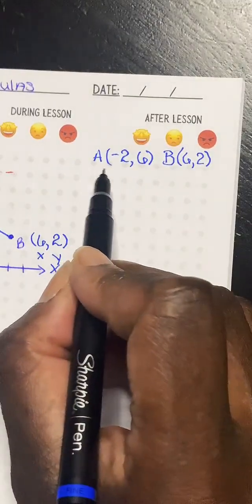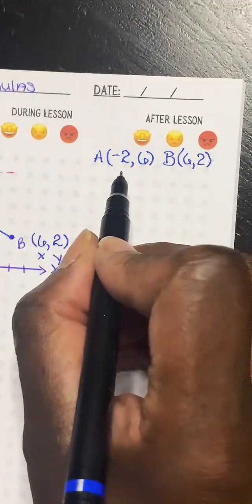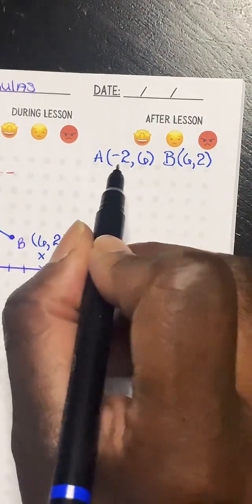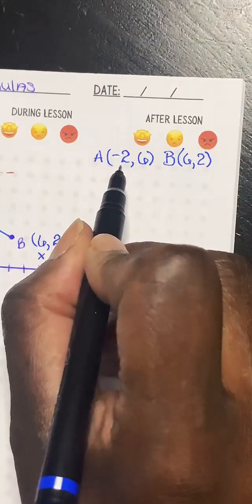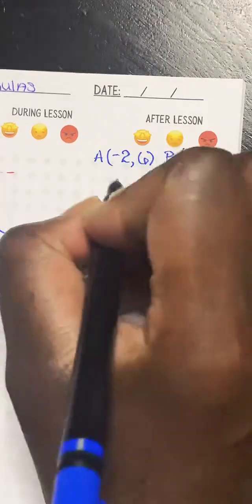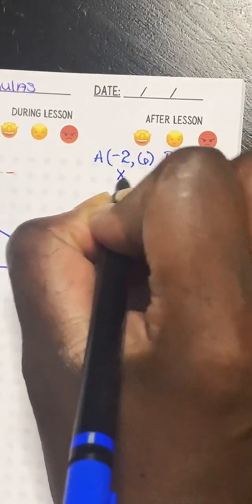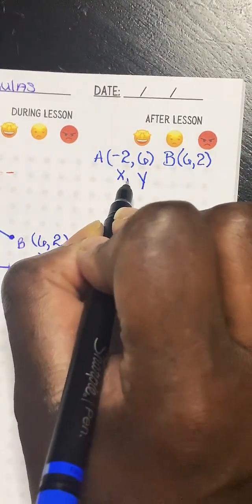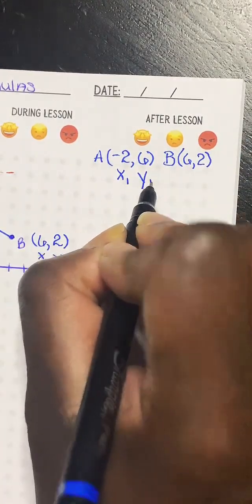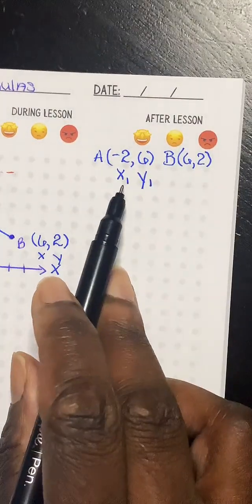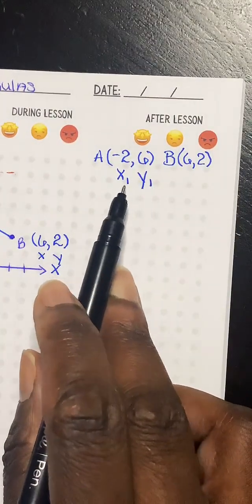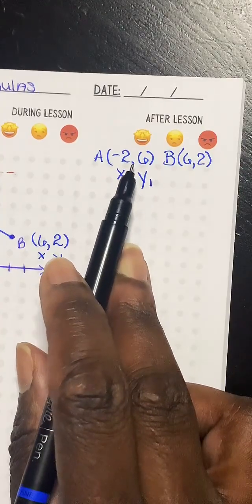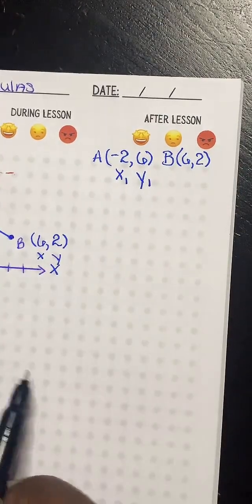So since we go from left to right, and if you think of the ordered pairs, your X comes before your Y. Point A is going to be my first point. So since coordinates always come in X then Y, this is going to be my first point. So that's x sub 1 and y sub 1. The subscripts of the 1s means that this is the X and Y value of the first point.